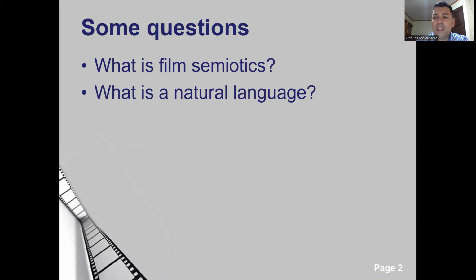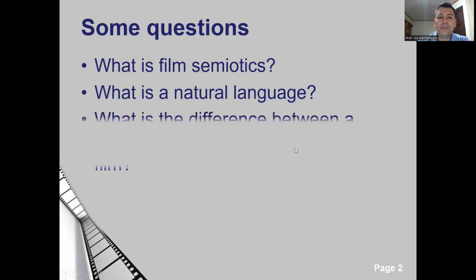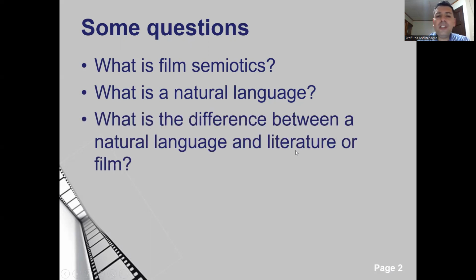And even other forms of languages like sign languages, for deaf people. So think about what a natural language is and what purposes it serves, and the difference between a natural language and literature and film.